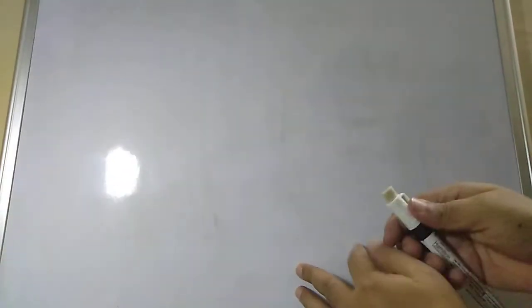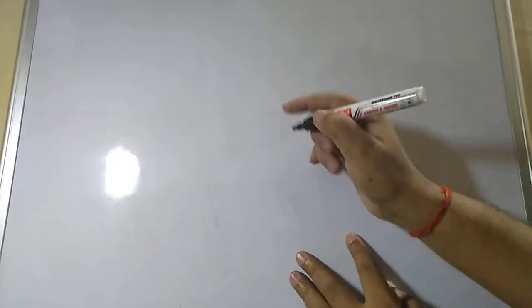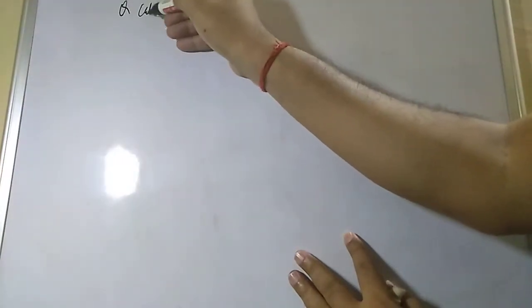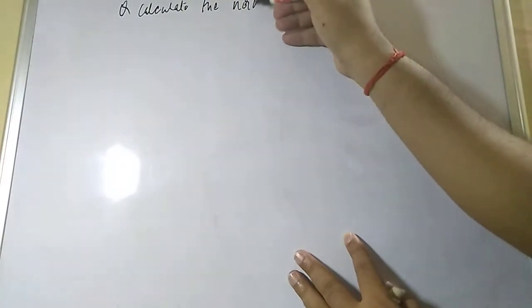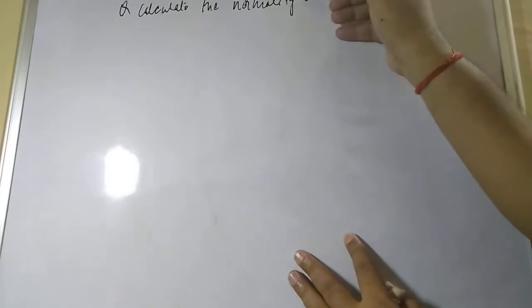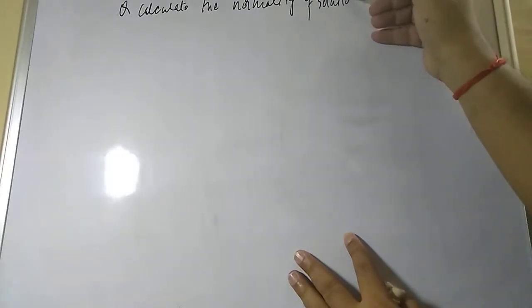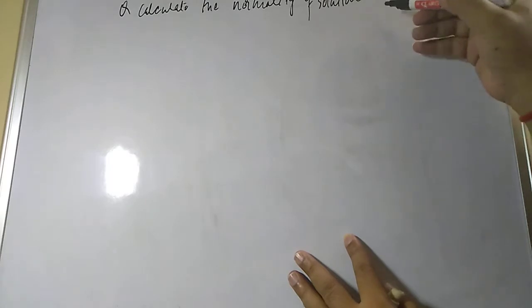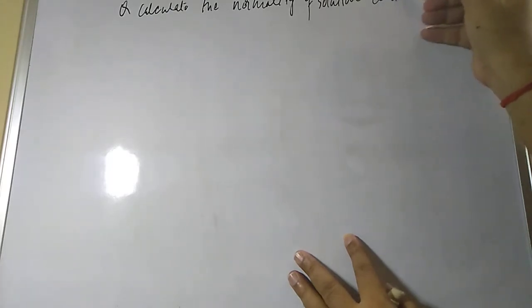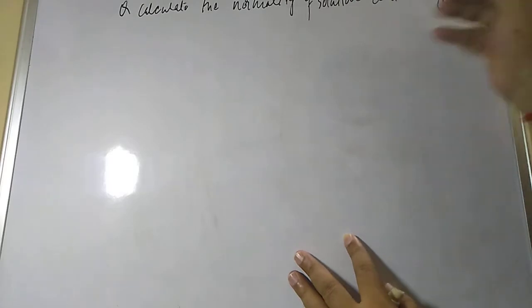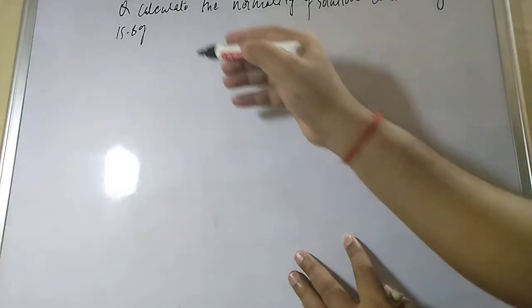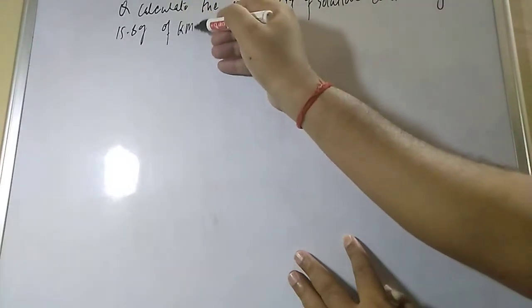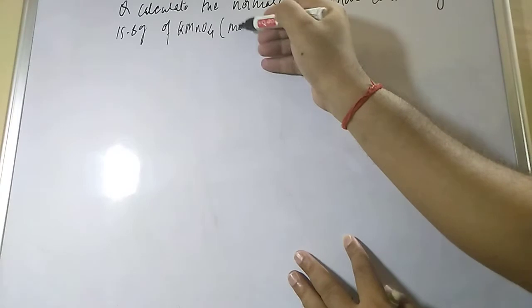So now let us see, student, what is question number 3 here. Calculate the normality of solution containing 15.8 gram of KMnO4, molar mass is given.